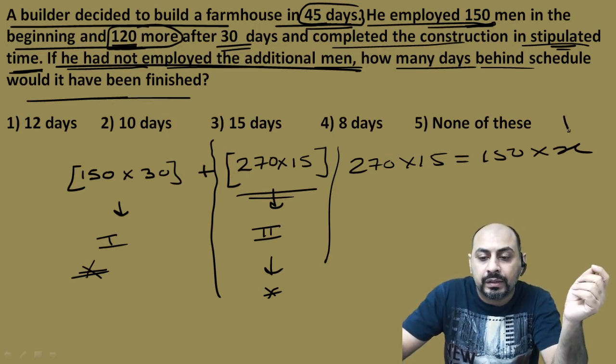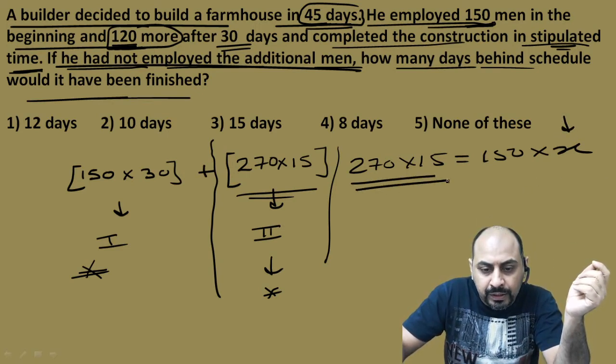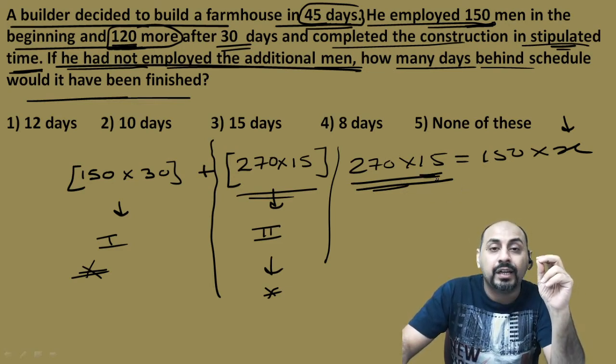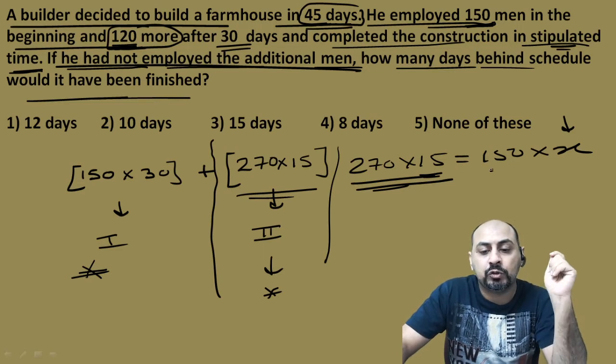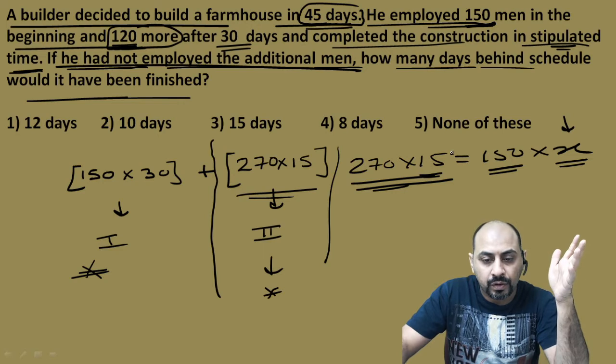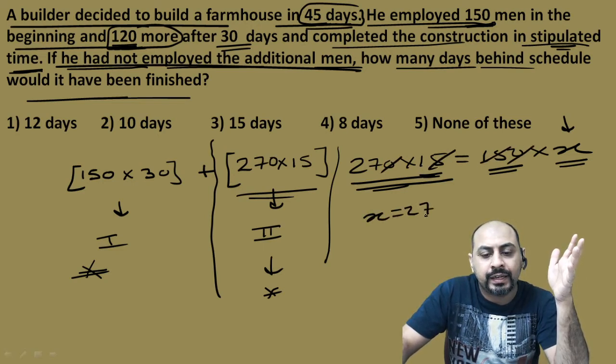So let the same work which was completed by 270 men in 15 days, now the same remaining work has to be done by 150 men in say X days. So this goes away 10 times. So X comes down to 27.